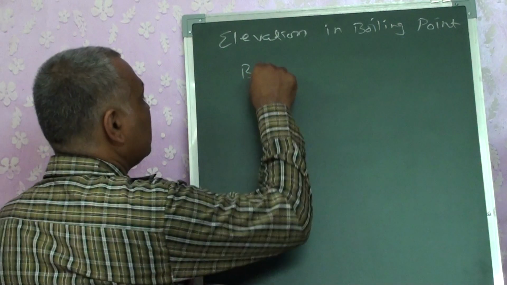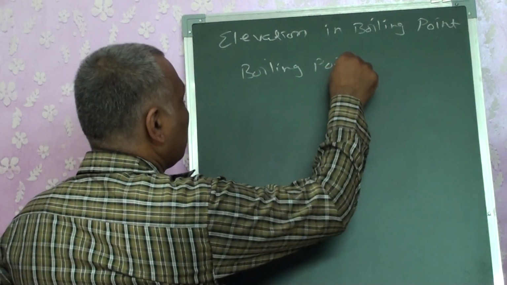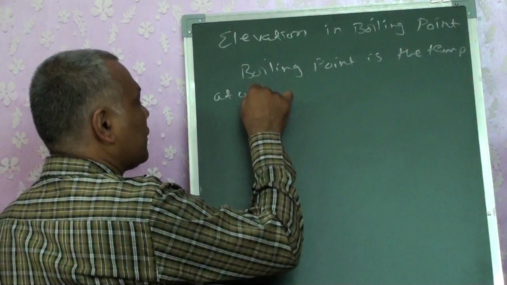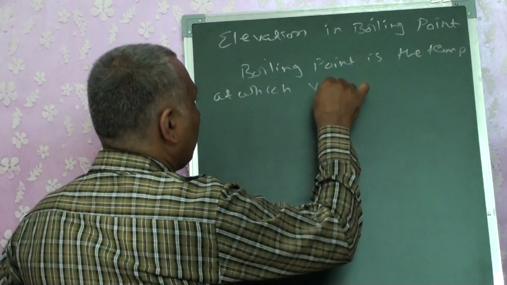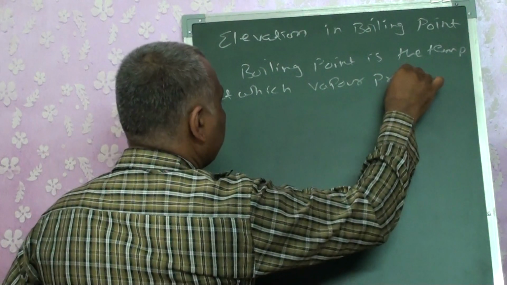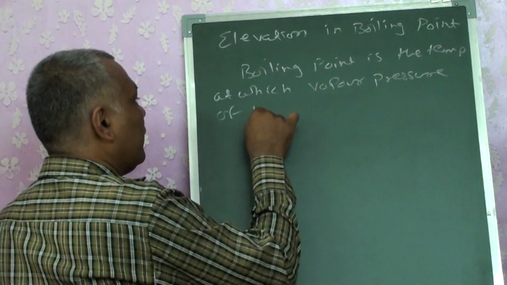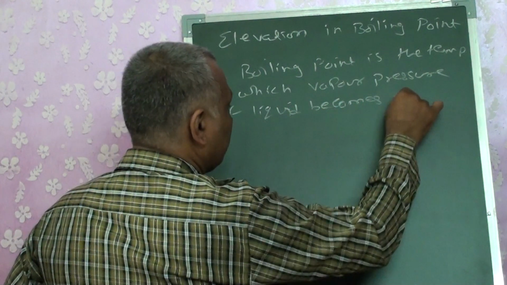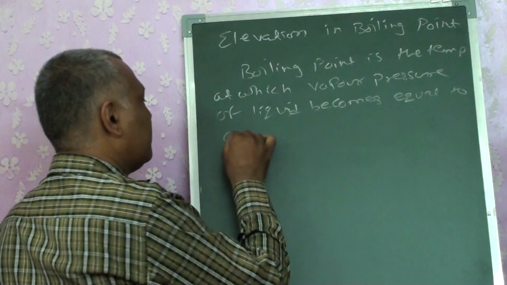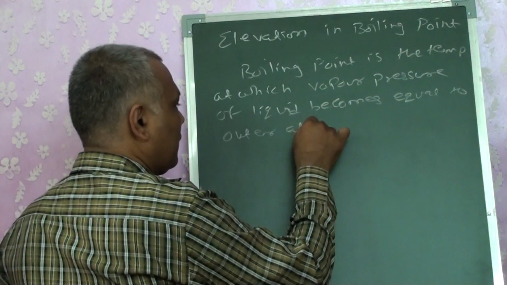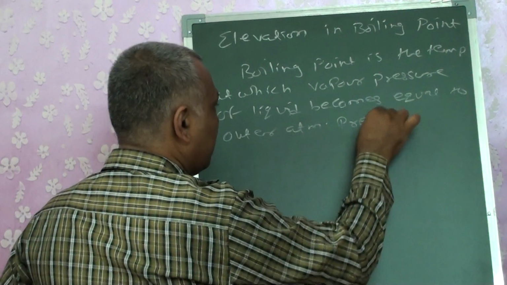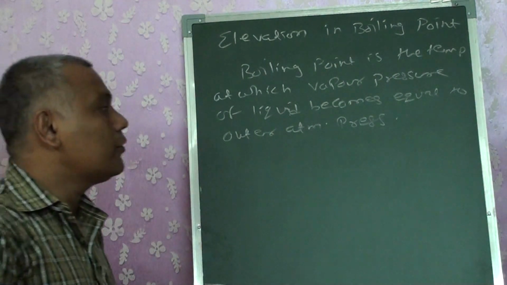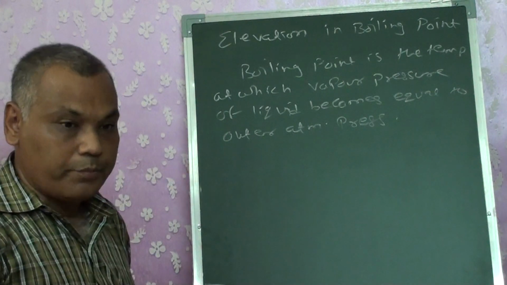Boiling point is the temperature at which the vapor pressure of the liquid becomes equal to the outer atmospheric pressure.